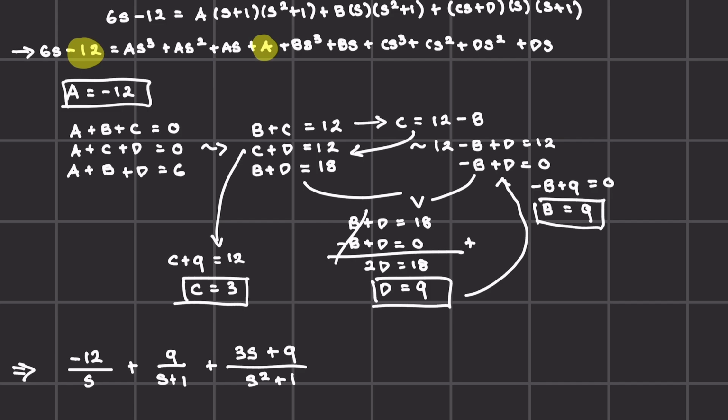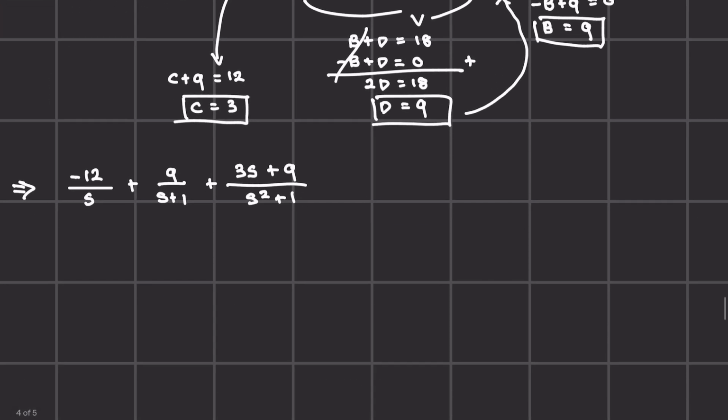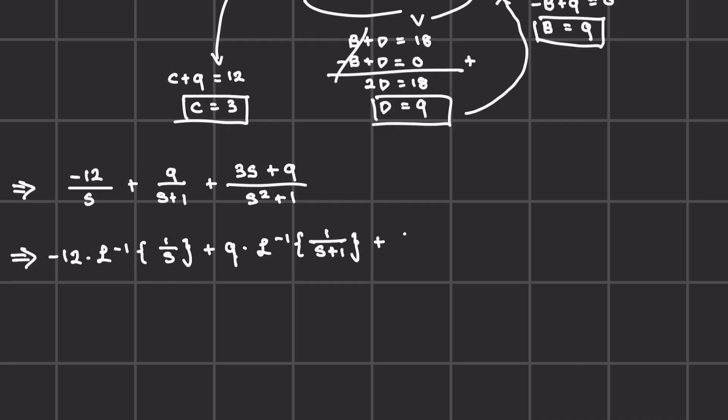Our very last step is to take the inverse Laplace transform for each of these functions of our partial fraction decomposition. So for the first one here, we can just set this into negative 12 times the inverse Laplace of 1 over s, plus 9 times the inverse Laplace of 1 over s plus 1, plus the inverse Laplace of 3s over s squared plus 1.